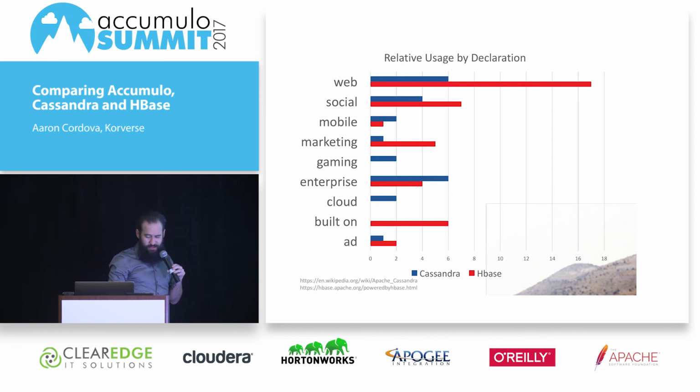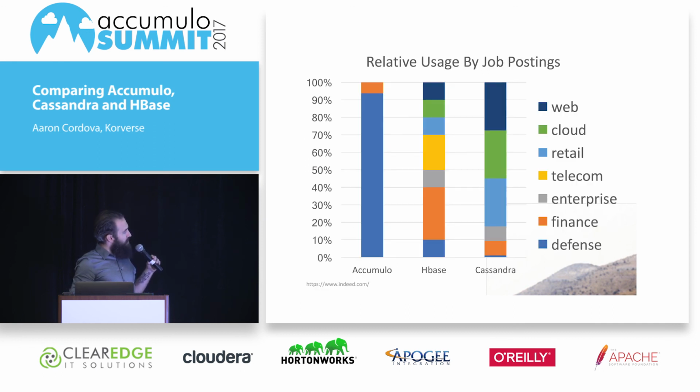So I think that's what's going on there. Cassandra is used in gaming companies, interestingly, and in cloud. And I think part of it is a lot of the developers were from Rackspace, but Amazon is also using it.